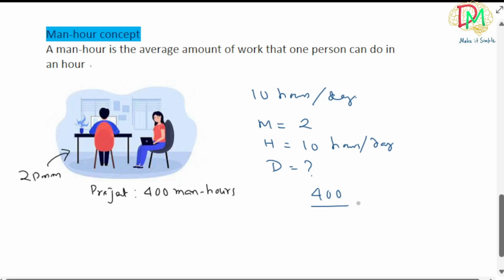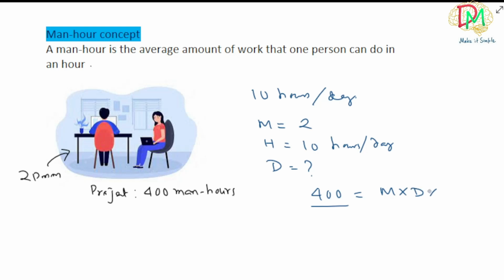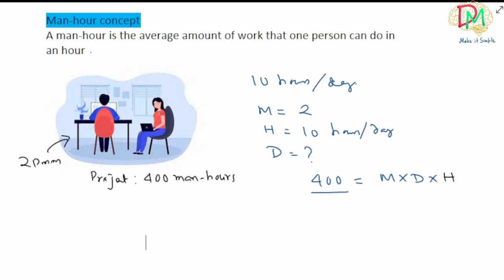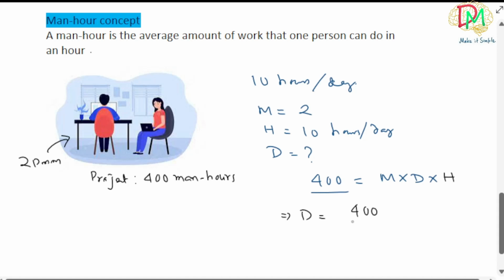Total man hours is equal to the number of men times d days times h working hours per day, so d is equal to 400 man hours divided by the number of men and the working hours per day.